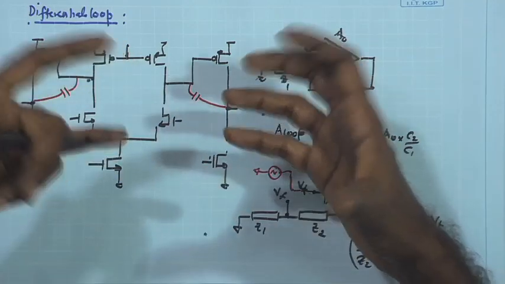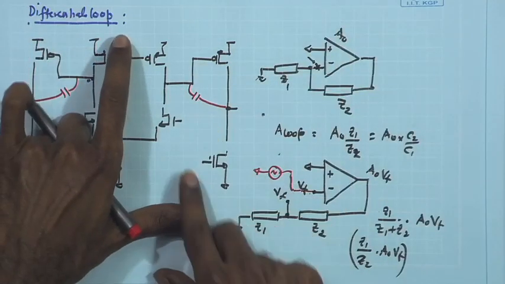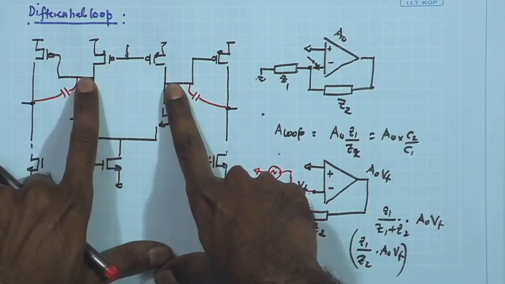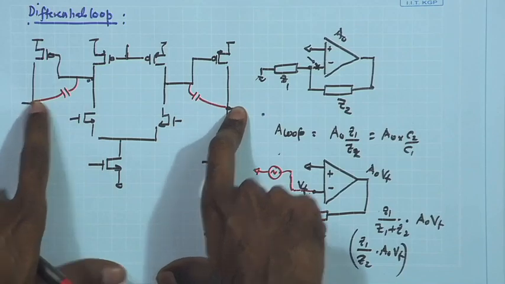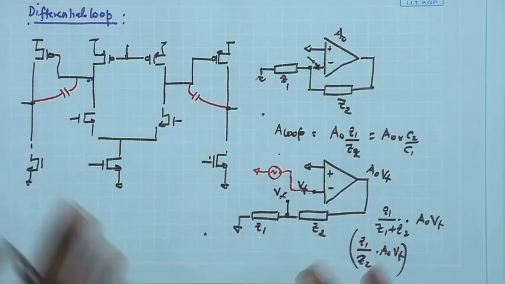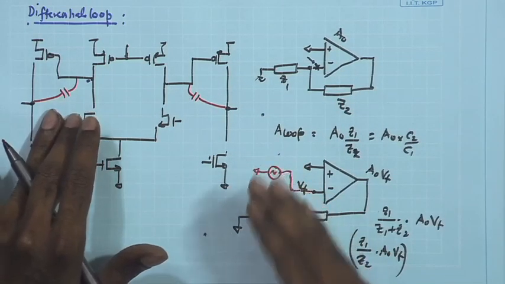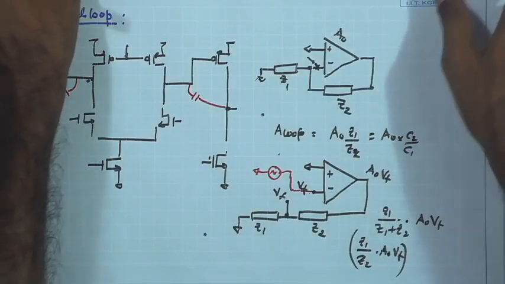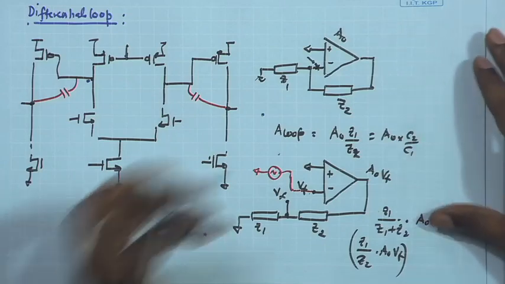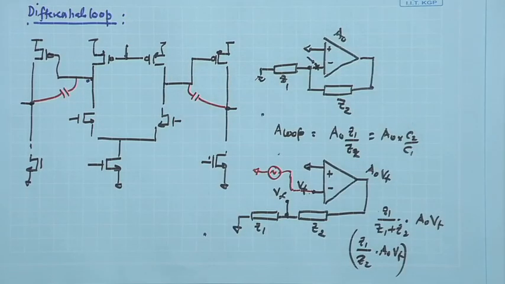So, otherwise the order is similar. So, you have the gain from this point to this point given by GM RO, and finally, from this point to this point another GM RO by 2, and the common mode error amplifier is having close to unity gain, provided the error amplifier is having a diode connected load. When I refer to diode connected load, that means both the sides having diode connection.